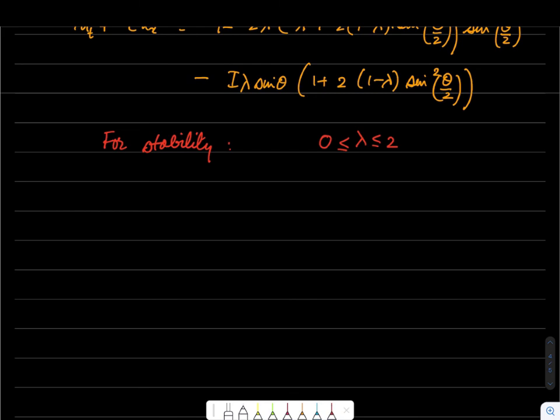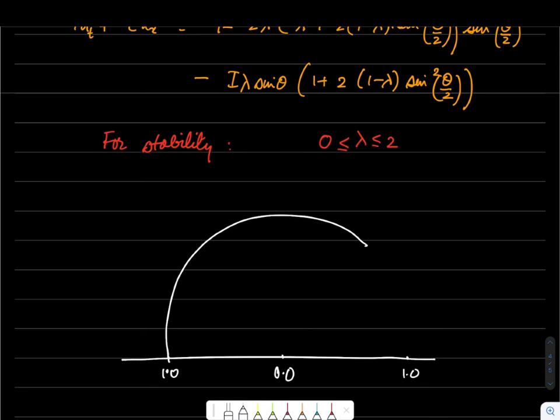And if you try and plot the polar diagram for stability, which I'm going to try and do here now, what you'll see is, if the unit circle is something like this, which happens to be the stability criteria, then the other curves for values of λ between 0 and 2 will actually look something like this.